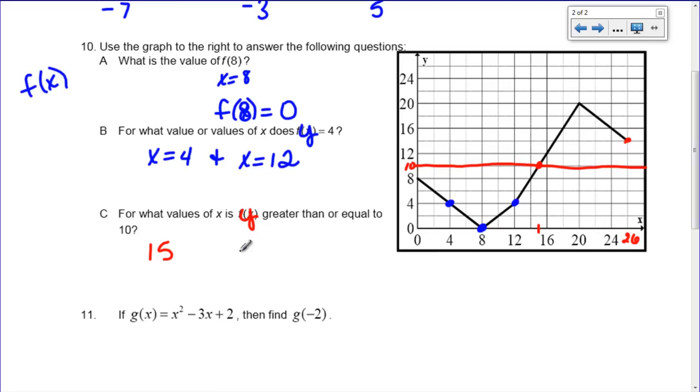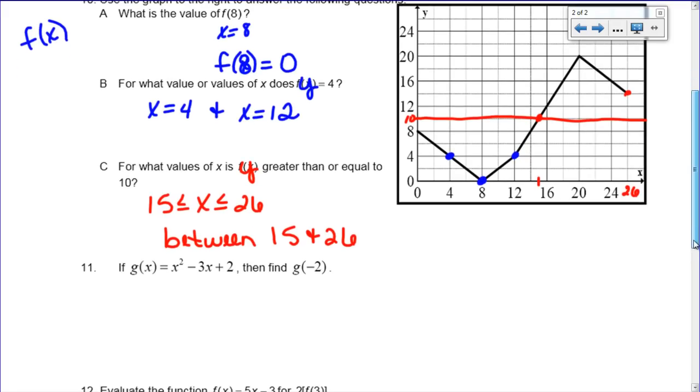So this goes from 15 to 26. So for what values of x is it greater than that? Well, it's every value in between them, and we practiced this when we wrote compound inequalities. X is every number between 15 and 26. You could also say between 15 and 26. But that's the values that it is equal to it.